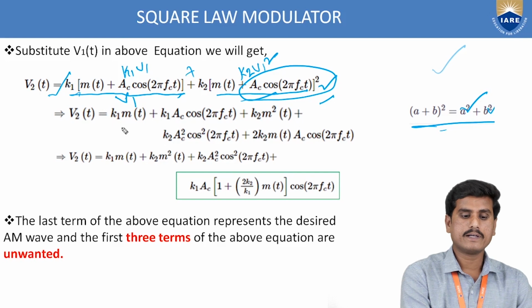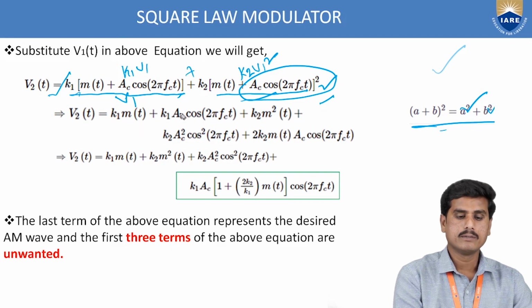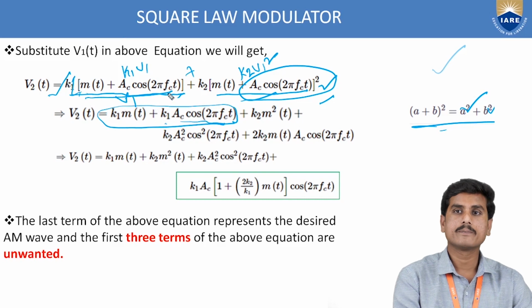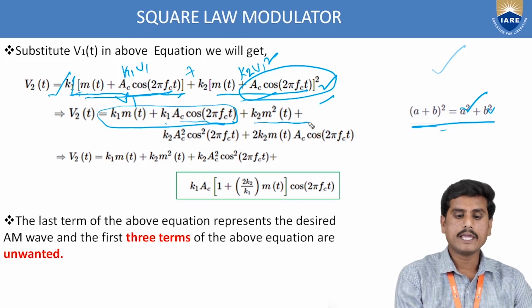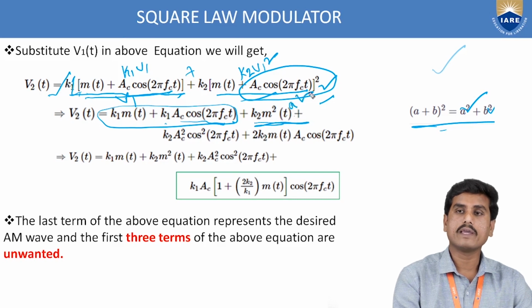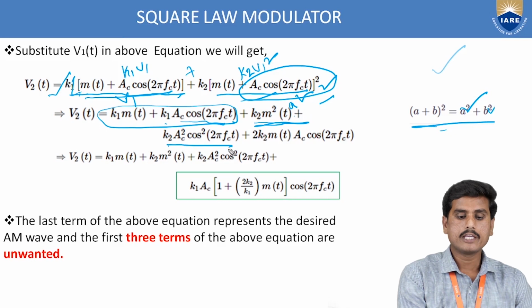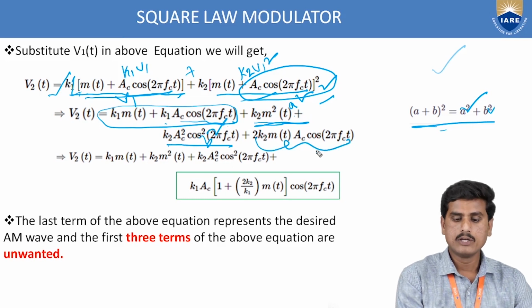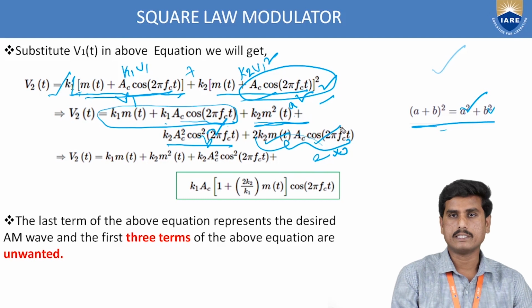Now see the first term, K1 m of t plus K1 Ac cos 2 pi fc t. As usual we multiply K1 with these two terms, and the next one is in a plus b format. So K2 m square of t is the a square, K2 Ac square cos square 2 pi fc t is the b square value, and the final one is the 2ab, that is 2 K2 m of t Ac cos 2 pi fc t.